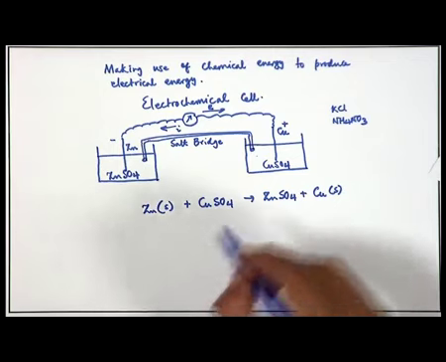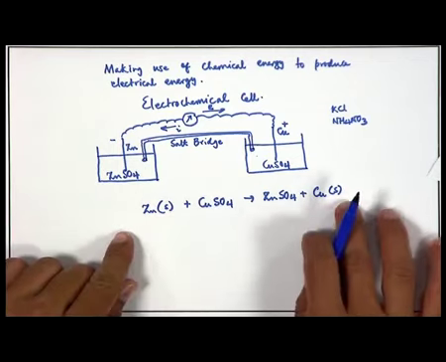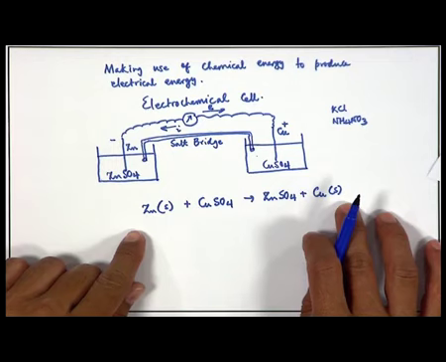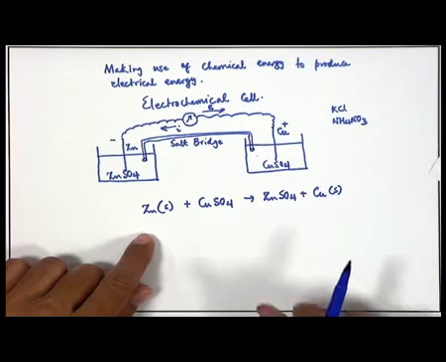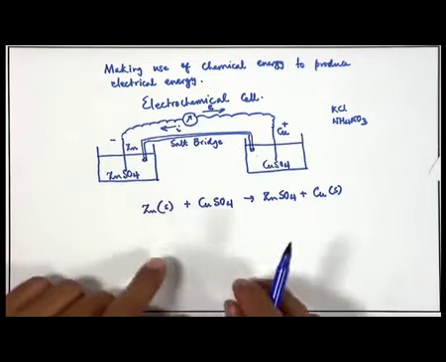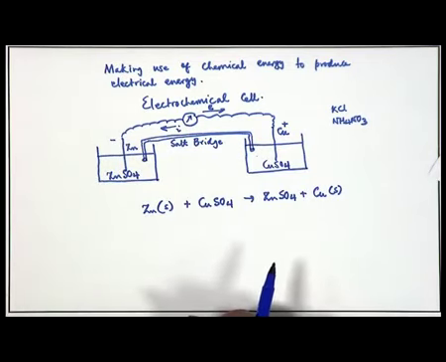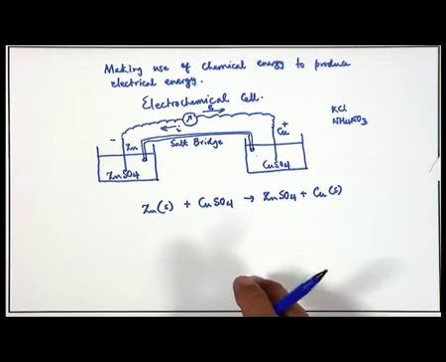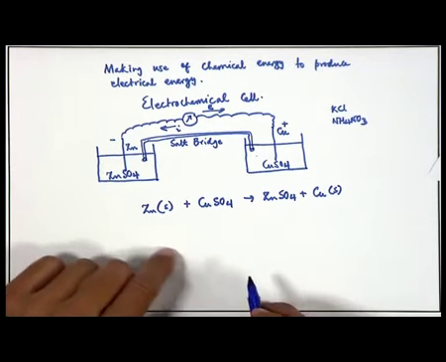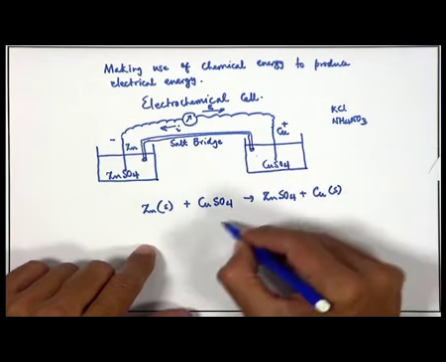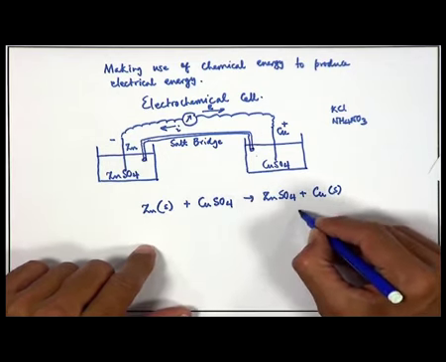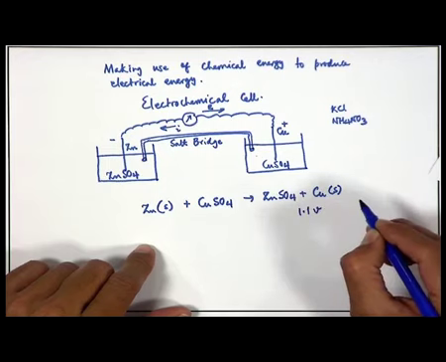So, basically here because of this chemical reaction, some chemical energy is generated, which will be transformed into electrical energy by means of this arrangement, this device, which is called the electrochemical cell. Okay. So, the electrical potential difference found for this one is about 1.1 volt.